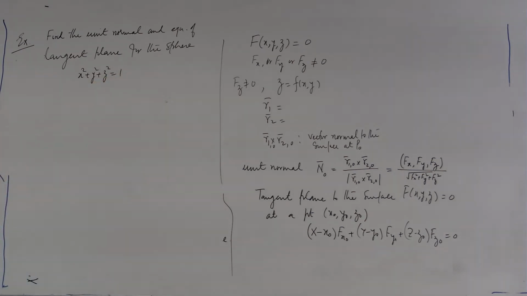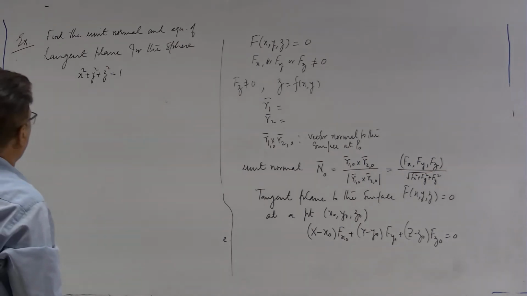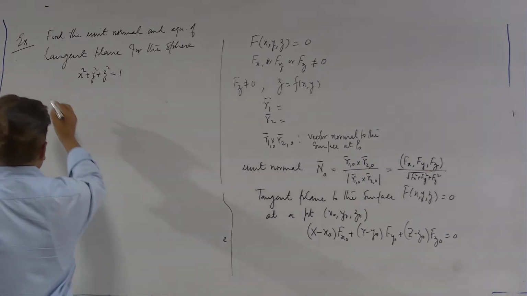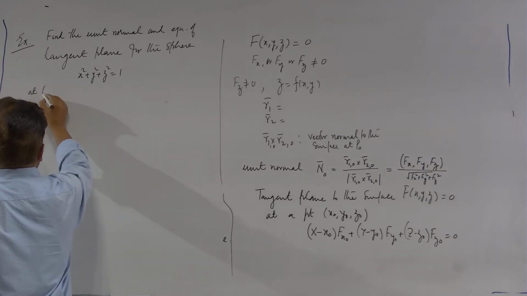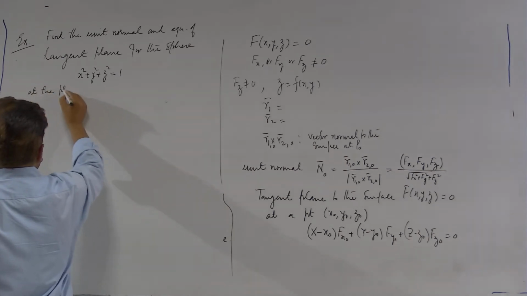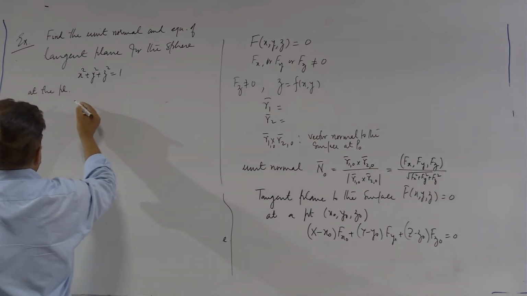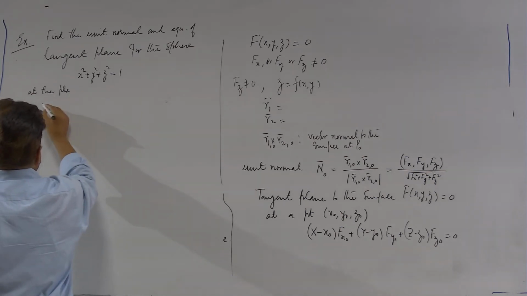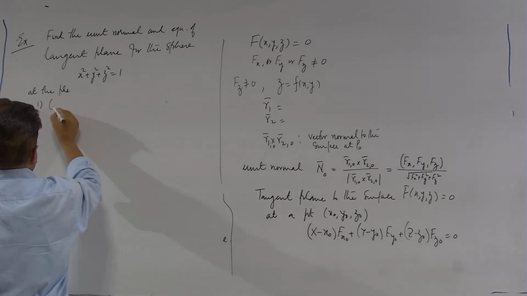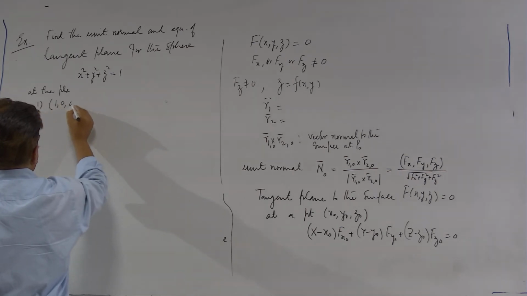So, we are given a sphere with center at the origin and radius equal to 1, and I can convert it into implicit form. At what point? You can consider various points. Number 1, I can take the point (1, 0, 0).